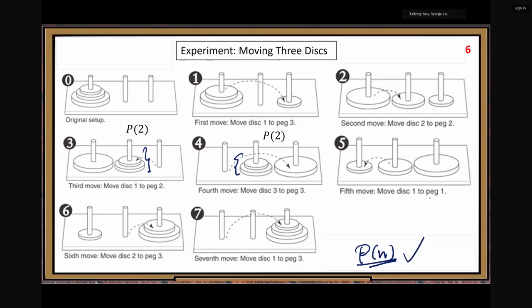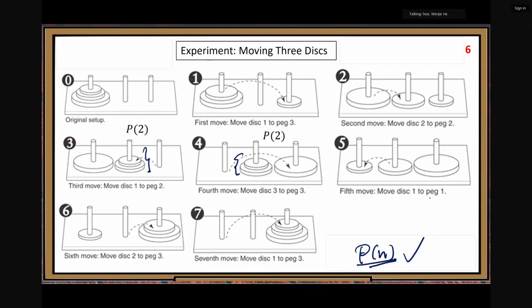Then 100, 200, even 1 million you can solve, right? Or at least theoretically, 1 million you can solve, although you do not have the resources to do 1 million disks. But theoretically, you can solve it.